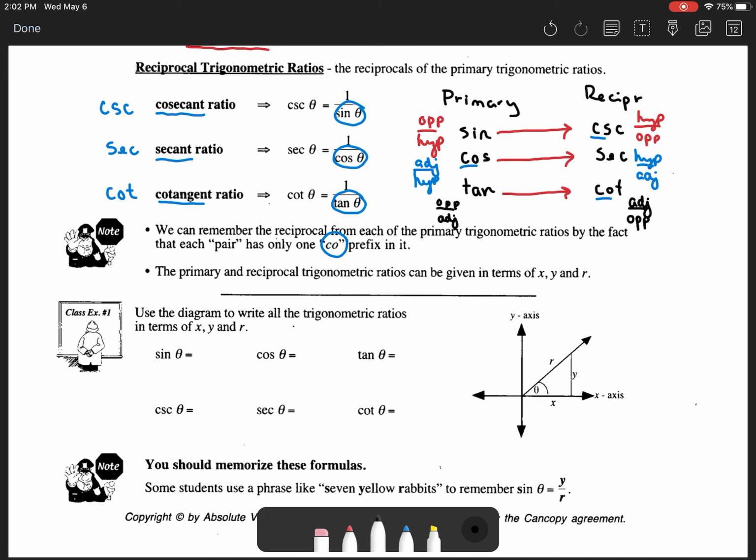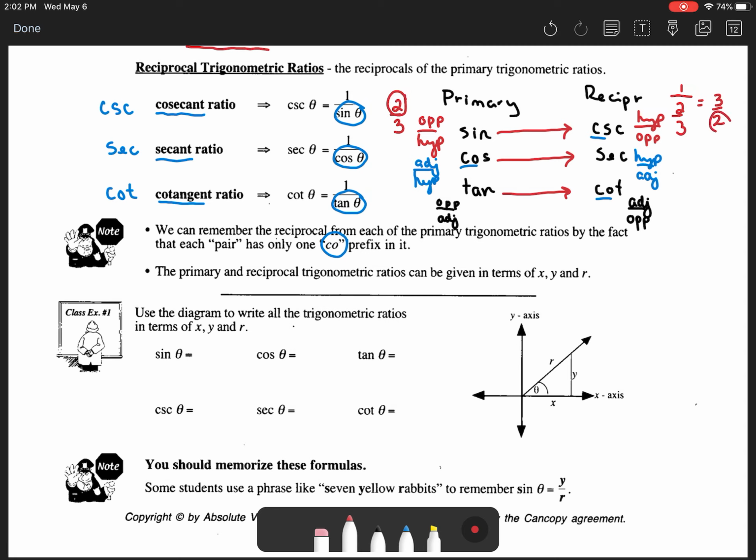What we're going to focus on more, though, are the values of the primary and reciprocal ratios. If I tell you the sine of a ratio is, say, 2 over 3, then going across to cosecant, it's 1 over 2 over 3, which ends up being 3 over 2.